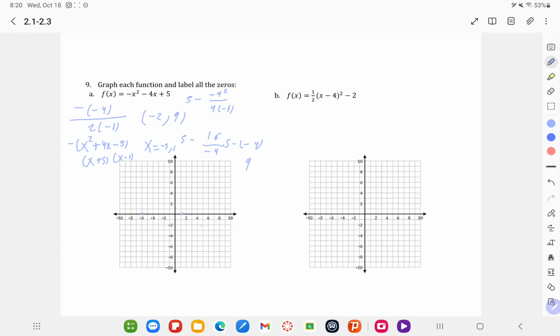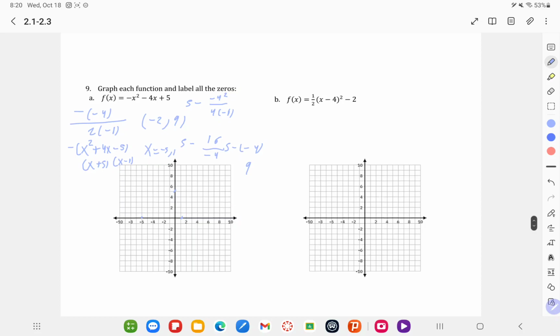All right. Our y-intercept is actually just 5 up here, and we don't have any multiplicities, which is great. Our center is here, -2 and 9. All right, let's start graphing this. We already know this is a negative even, so it's going this way, down, down.